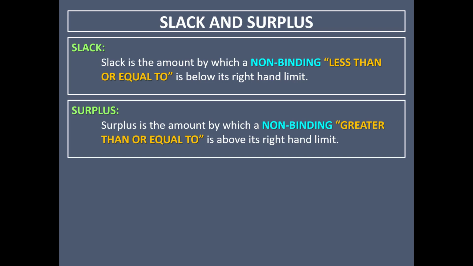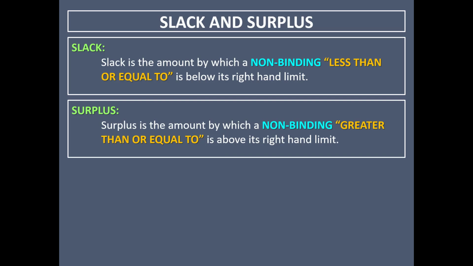So here, if I had to use greater than or equal to 80 units of something, and I used 100 units, well, I've used more than 80, I would have used 20 units of surplus. So again, slack and surplus can only exist on non-binding constraints. Slack only exists on a less than or equal to constraint, and surplus can only exist on a greater than or equal to constraint.